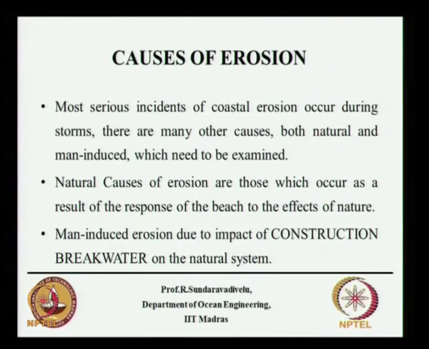And there are many other causes, both natural and man induced. The man induced cause is the construction of breakwater. Natural causes are those which occur as a result of the response of the beach to the effects of nature.